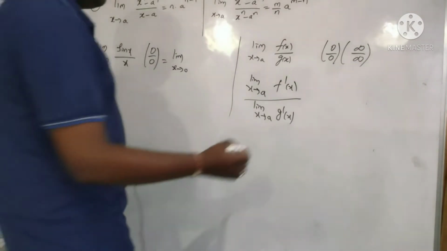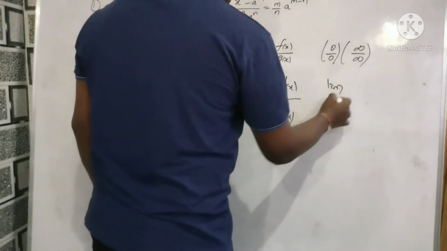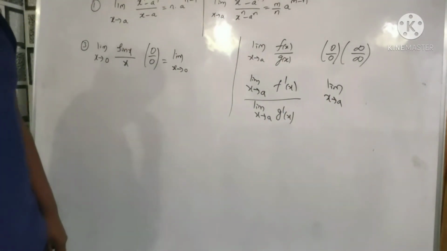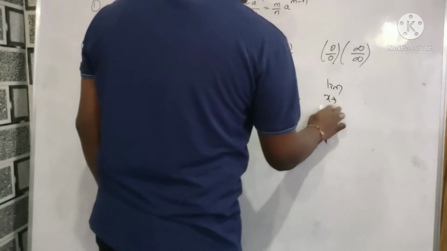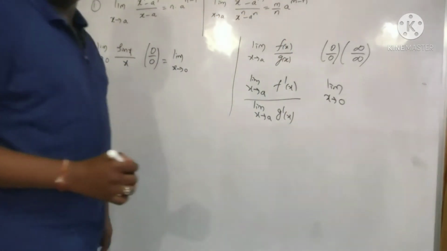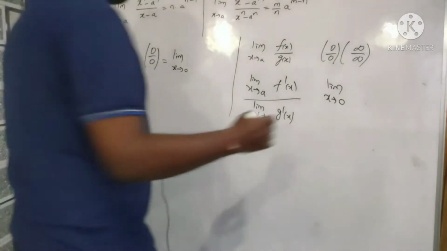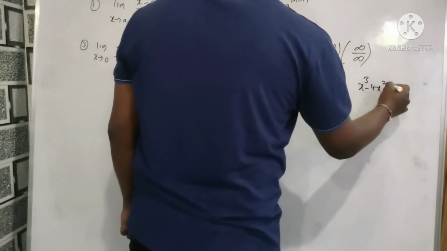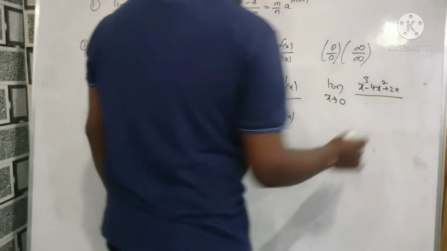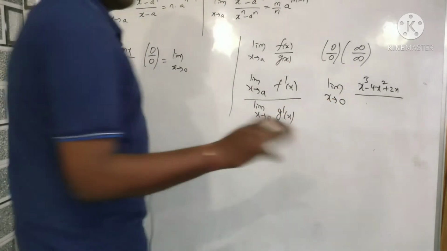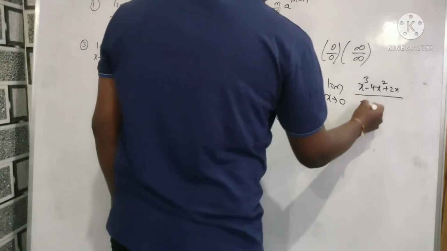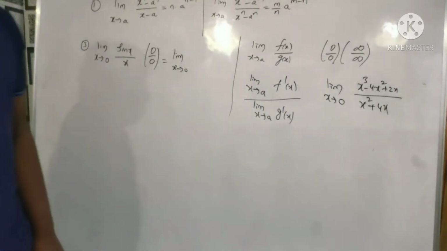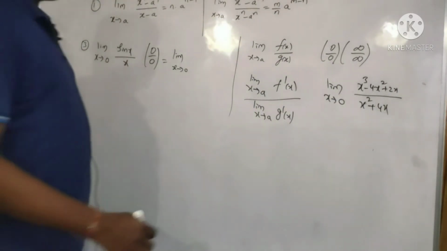For example, suppose you have limit x tending to 0, I'll take this, of (x cube minus 4x square plus 2x) divided by (x square plus 4x). Just taking an example.